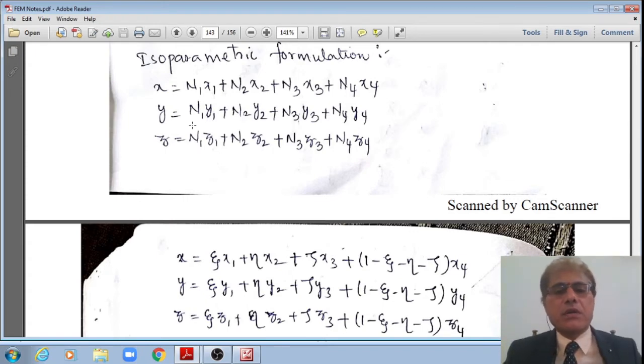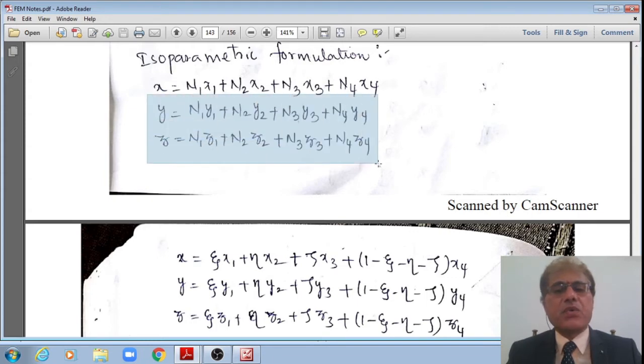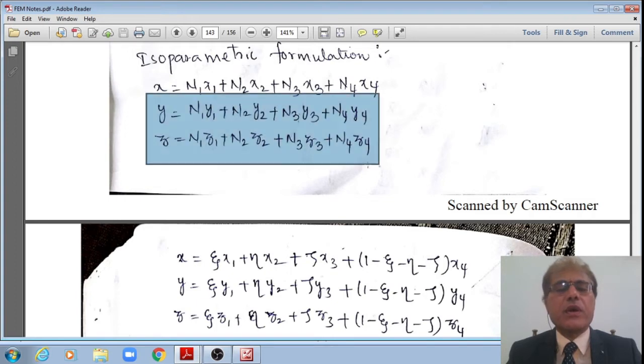That is called the summation of Ni xi, where i is equal to 1 to 4. Similarly, you may do this in a cyclic fashion for the other coordinates y and z. Therefore, y is equal to N1 y1 plus N2 y2 plus N3 y3 plus N4 y4. z is equal to N1 z1 plus N2 z2 plus N3 z3 plus N4 z4.